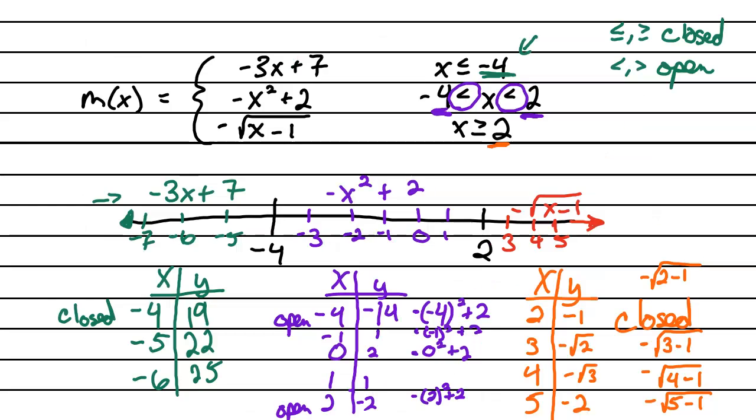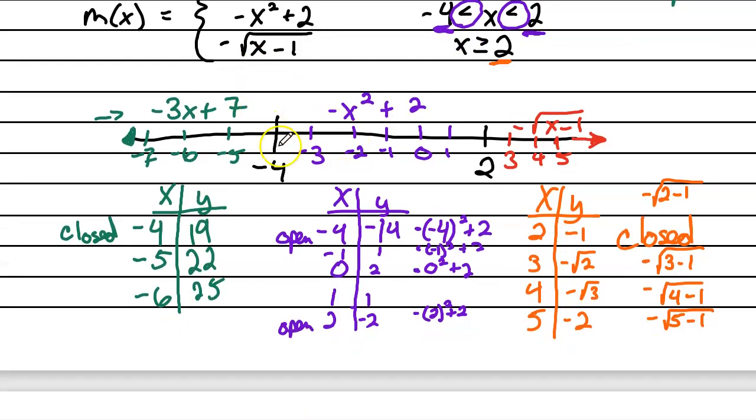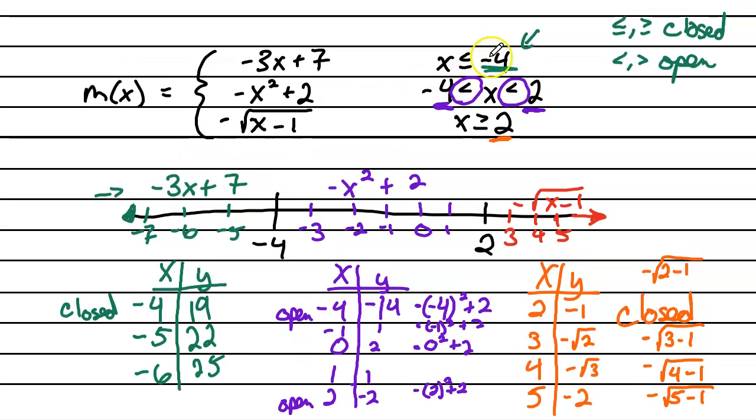But when you're drawing piecewise functions, you want to kind of make yourself XY tables with those cutoff points, okay? So pay attention to these domain restrictions. Practice a couple of these and let me know if you have questions.